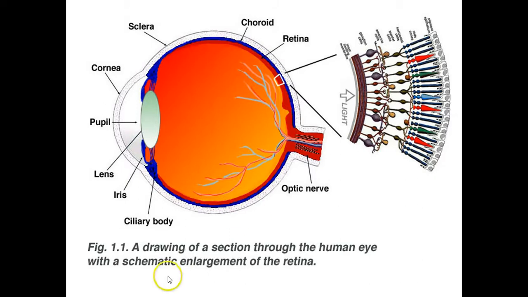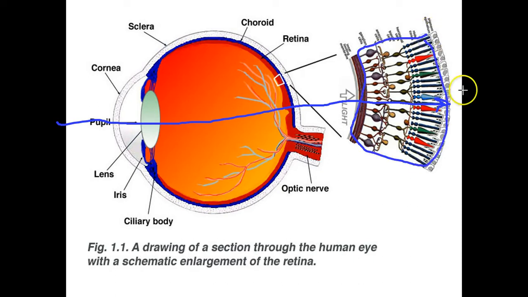Now, once that light passes through and hits that pigmented portion, and changes into chemical form, these cones and rods in the neural section are stimulated, just the rods and cones right here, are stimulated by the chemical change and generate action potentials.